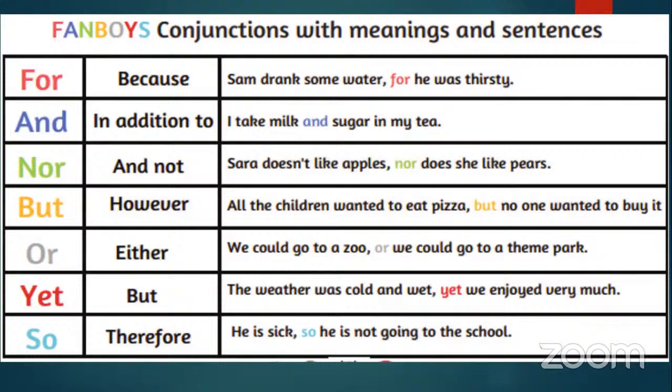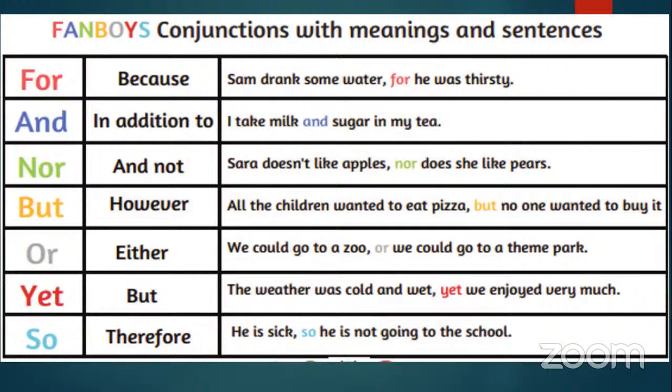In the second column, we can see the meaning of each one, and we see some examples. Let's see the first one, for example, for. It has the same meaning as because. And if we see the example, Sam drank some water. This is the first sentence. As we can see, it's independent. We can use it as a sentence without any other clause.